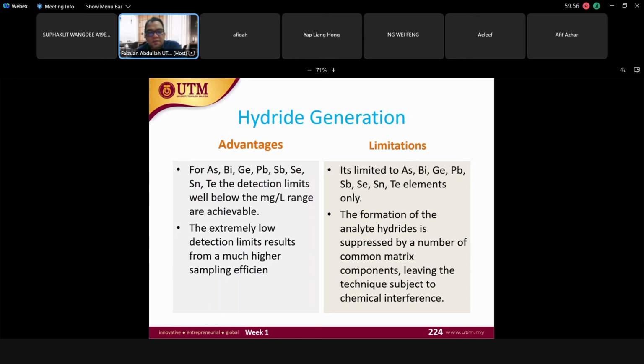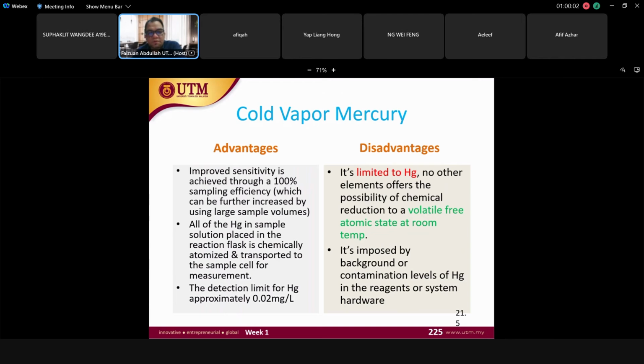All right, this is hydride generation, an advantage for some elements and also a limitation for some elements. Okay, the cold vapor is only limited to mercury. Okay, volatile free atomic state at room temperature only. So this is the problem of mercury, it can volatilize at room temperature.